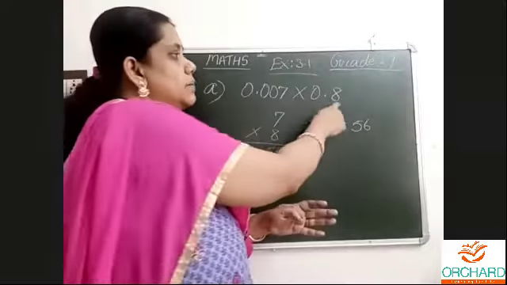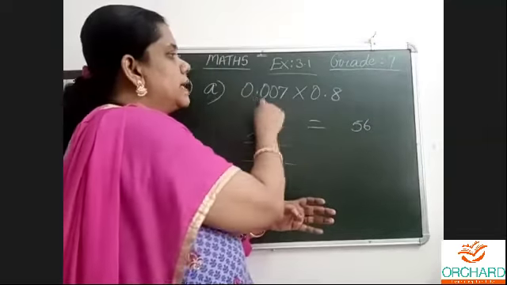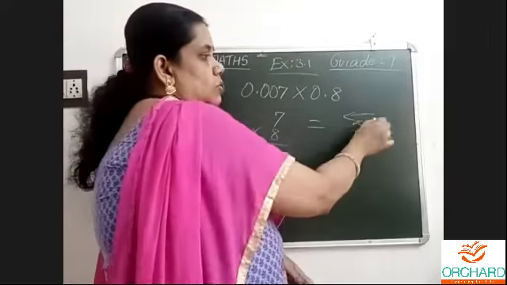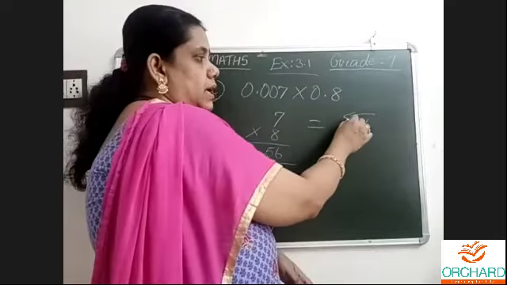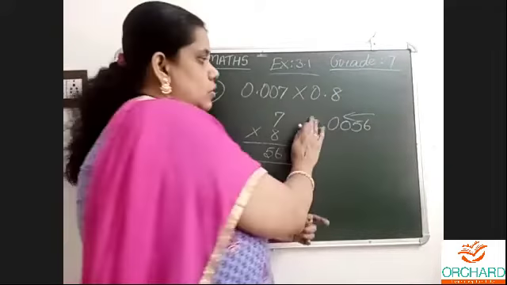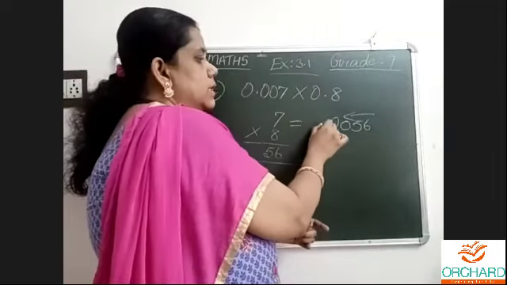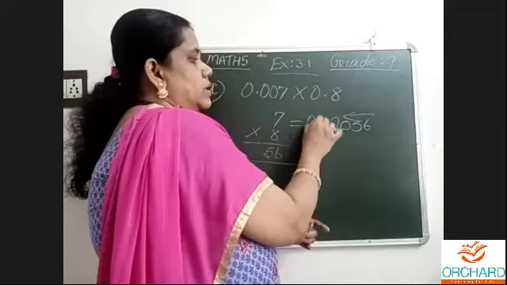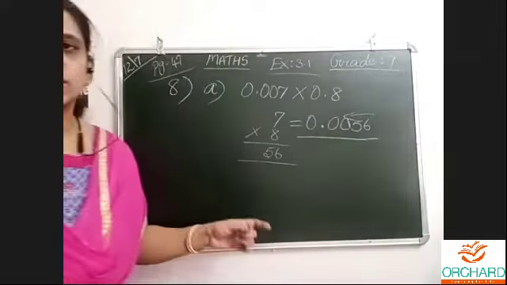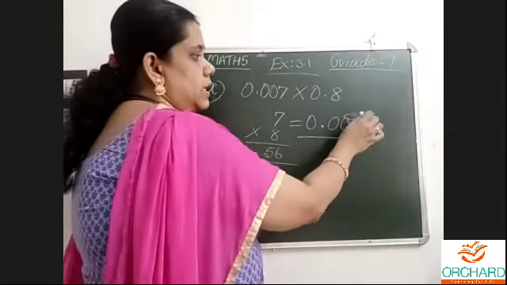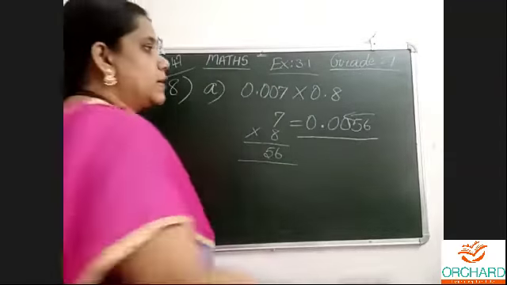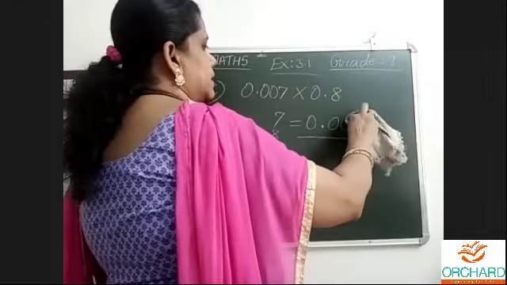So 4 numbers before that point. 1 plus 3, 4. 4 numbers from the last we have to come. 1, 2. 2 numbers are here. 2 numbers not there. So 2 zeros. Then keep a point. Then add 1 zero to read. So this way it is. 0.0056. This arrow no need. This is for explanation purpose I am drawing.